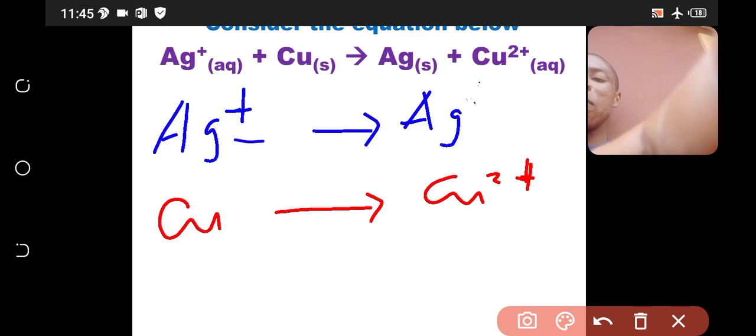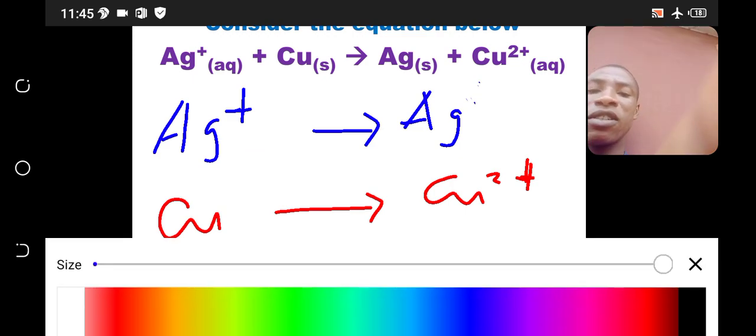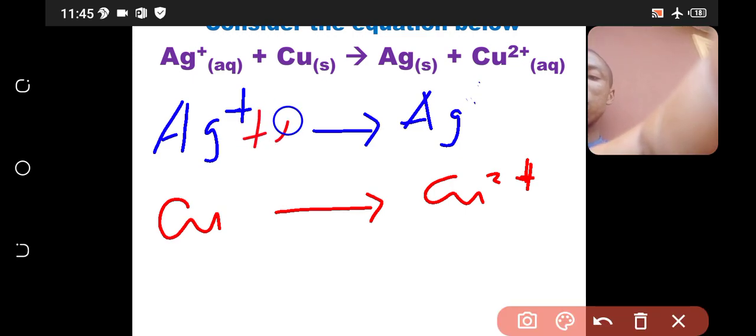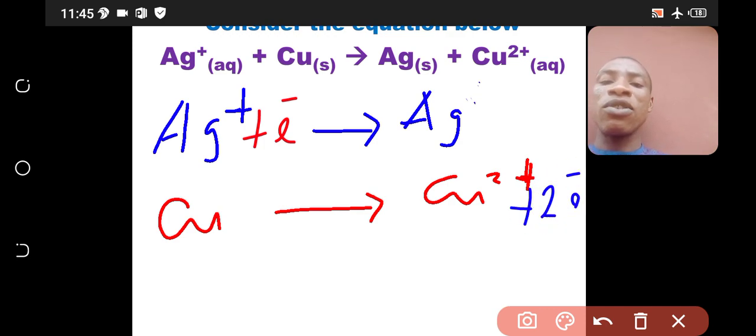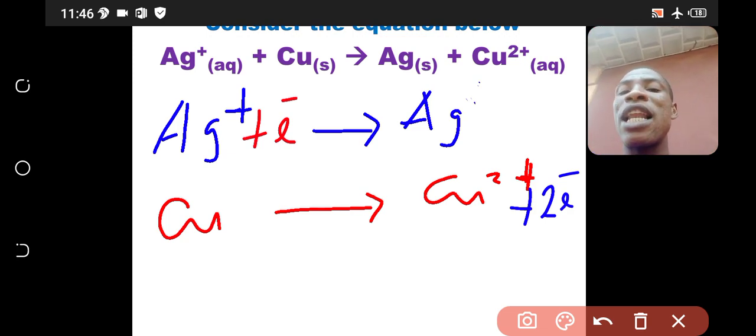Here is Ag+ plus e- giving Ag. That balances equation 1. Then for equation 2, Cu gives us Cu2+ plus 2e-. That balances equation 2. That's how you balance both equations separately.